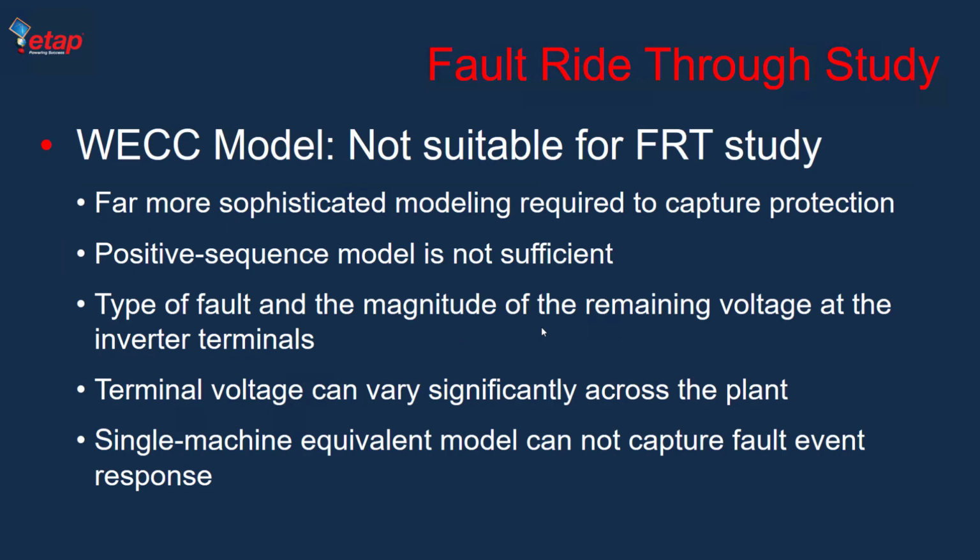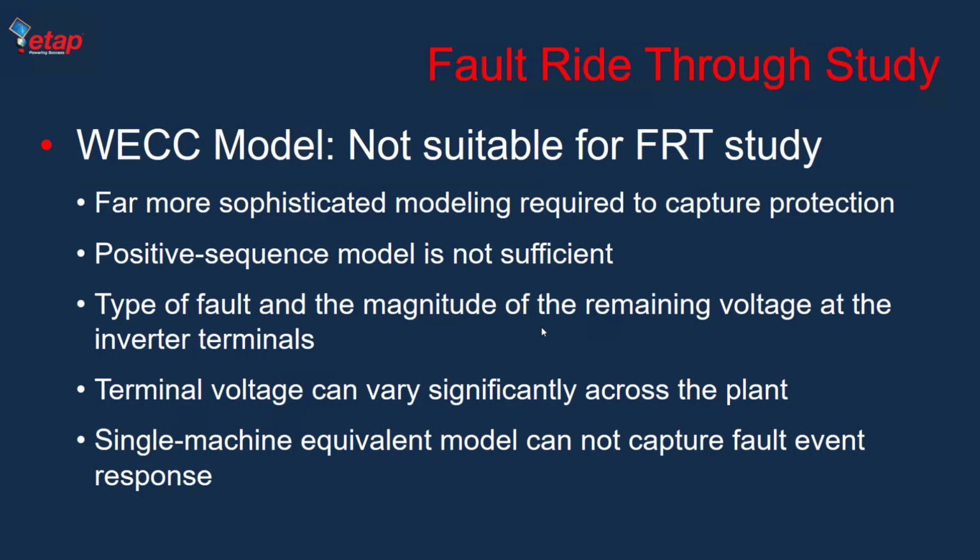So as I said, when it comes to this fault ride-through capability, the modeling is more sophisticated to capture all the aspects. In case of WTG, you have crowbars that can come into the picture. And in transient stability, typically positive sequence modeling may not capture all the aspects of unbalanced faults, and the type of the fault and the magnitude of the remaining voltage at the inverter terminal is important.